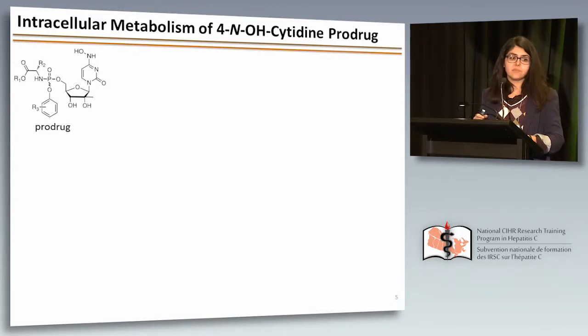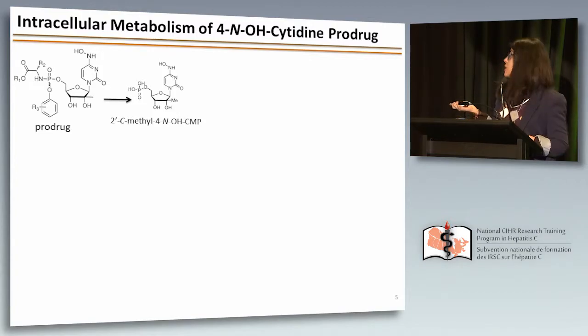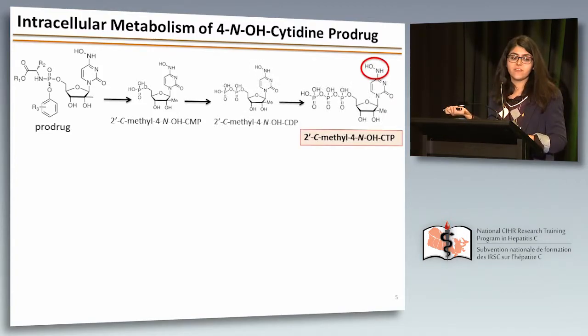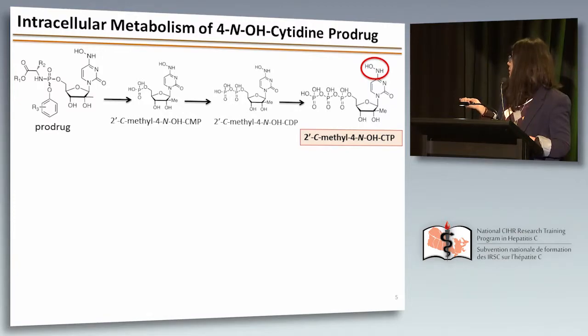To reiterate this point, we administer one prodrug, and as we expected, the prodrug group gets removed. We have a monophosphate that becomes a diphosphate, and then eventually we have a 2'-methyl 4-NOH CTP triphosphate formed right here.